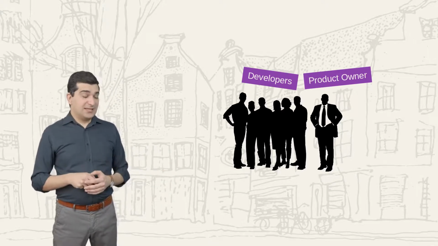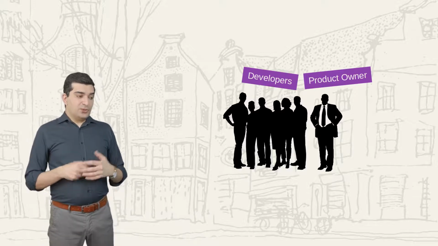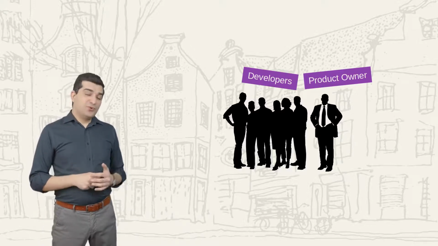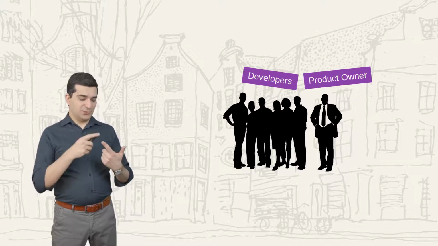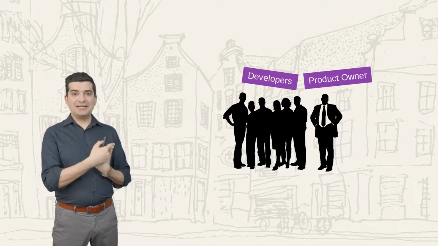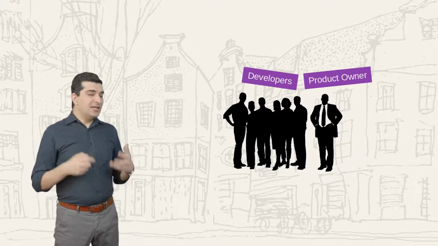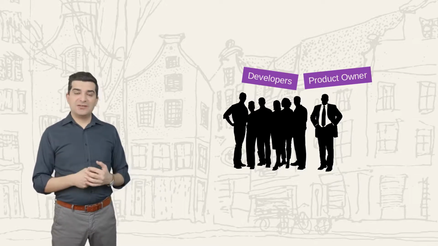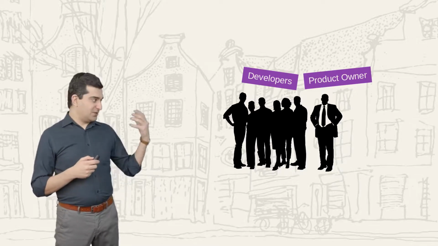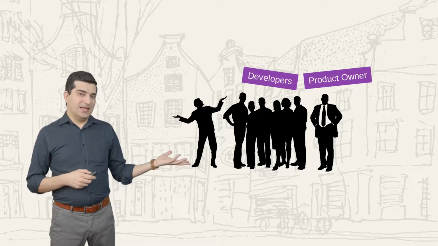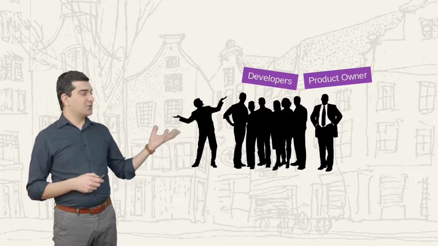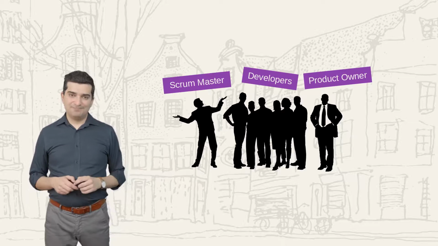Not everyone is good at that. So you need someone to help you remove impediments. These two, removing impediments and helping with techniques, are the two most important reasons for having a third person in a Scrum project. And that person is called the Scrum Master.